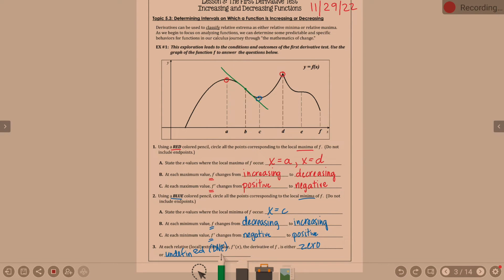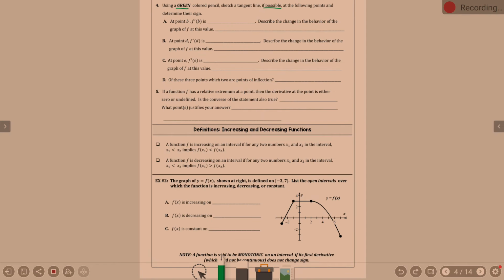Okay, I'm going to go something like that. Ballpark figure, right? So at point B, my tangent line looks like such. Now, let's fill it in. At point B, what do you know about the derivative? It is negative, right? Because the slope of that tangent line is negative.